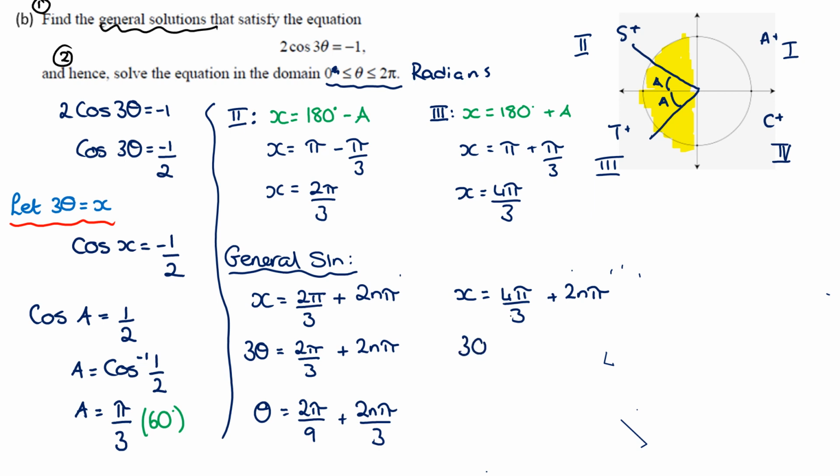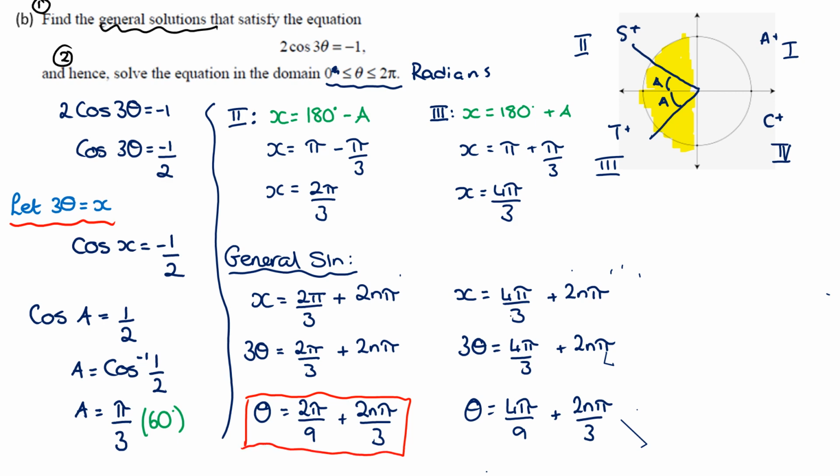Working exactly the same way here, we get 4 pi over 3 plus 2n pi, so theta is equal to 4 pi over 9 plus 2n pi over 3. And these are our general solutions. So this is the answer to the first part.